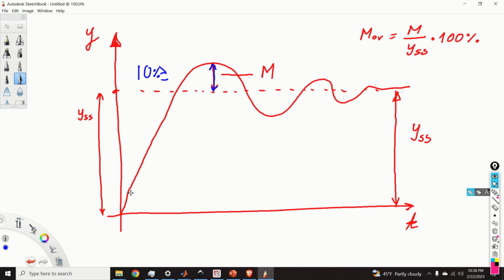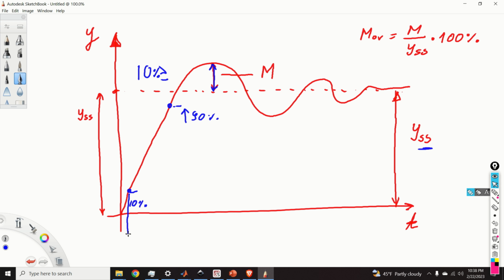Let us explain the rise time. Basically, the rise time is defined as follows. It is the time it takes for the transient response to reach from 10% to 90% of the steady state value.